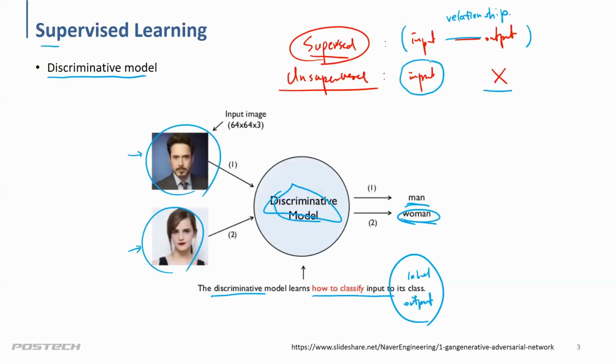For classification, AI doesn't have to fully understand what kind of image makes a man, or what kind of image makes a woman.